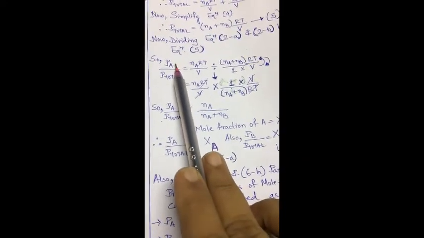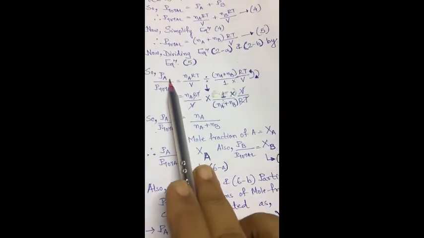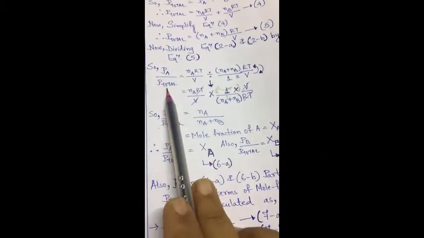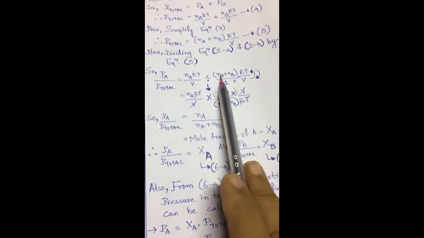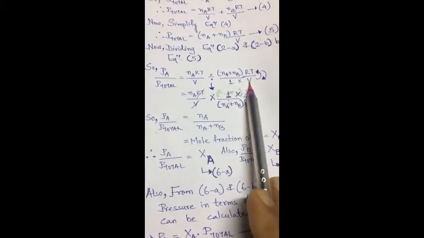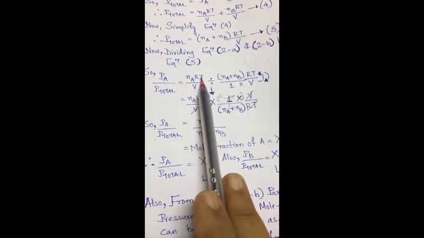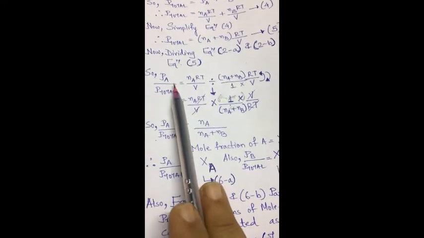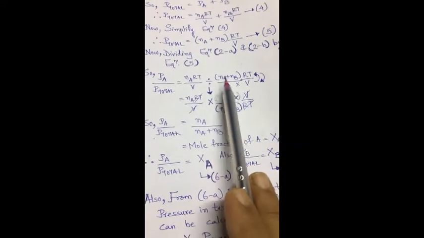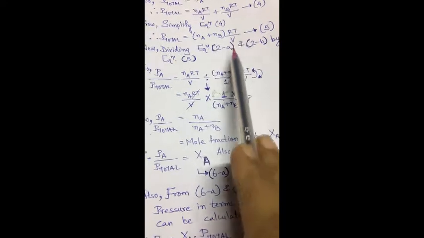So PA, what is the value? nART upon V divided by P total. So what is P total? nA plus nB, RT by V. Please pay attention everyone. What is PA? nART upon V, divided by P total. So here I have written separately, divided by, what is P total? Equation 5, nA plus nB, RT by V.